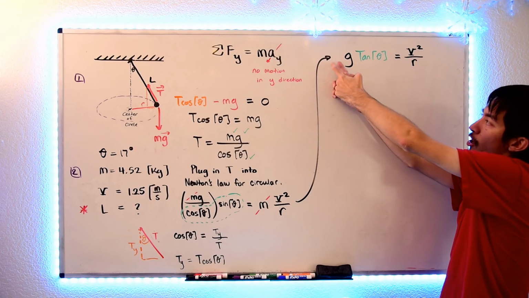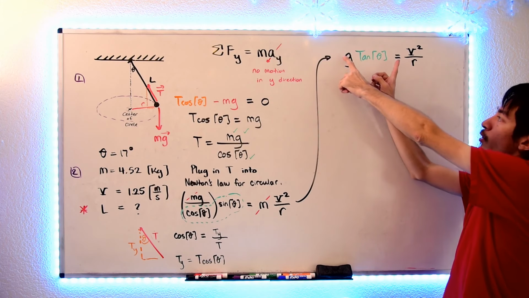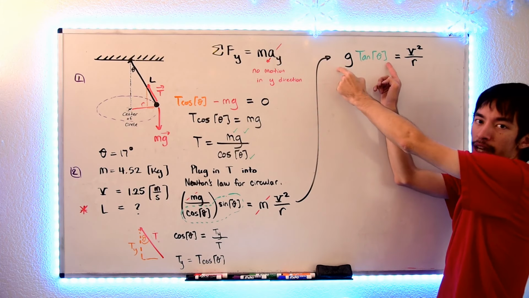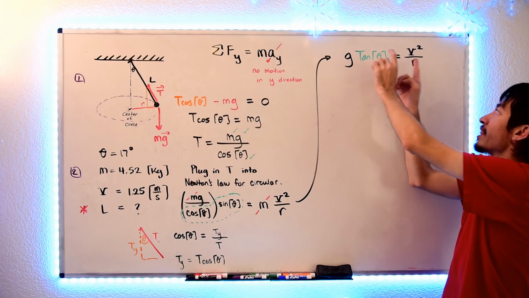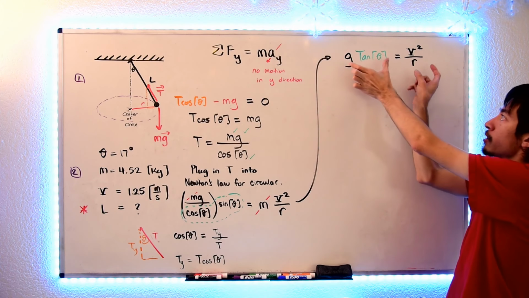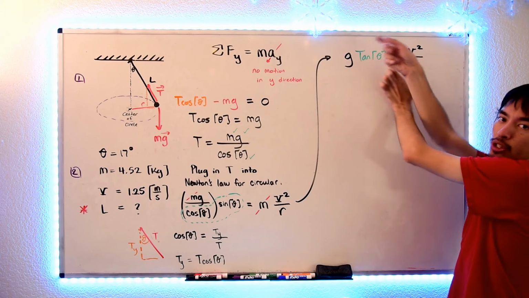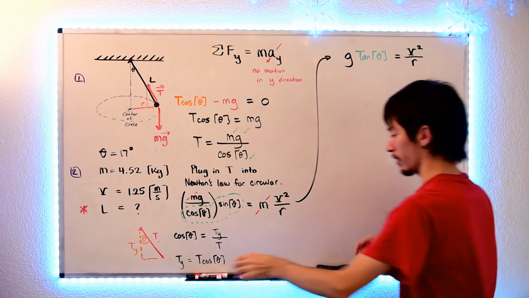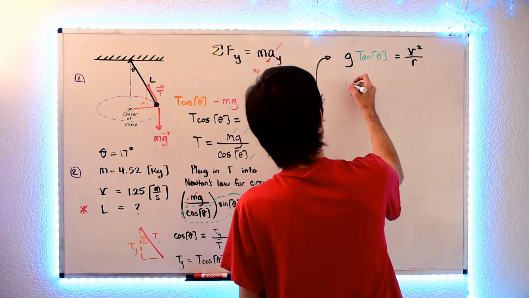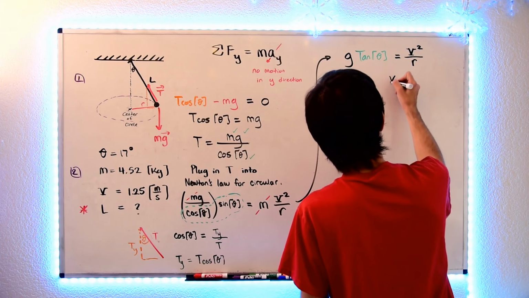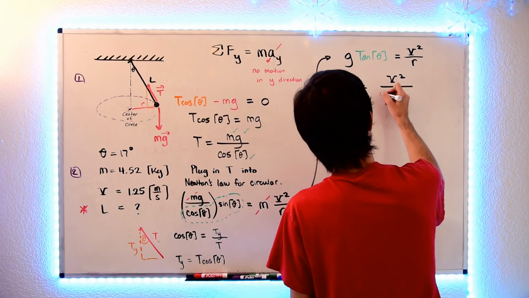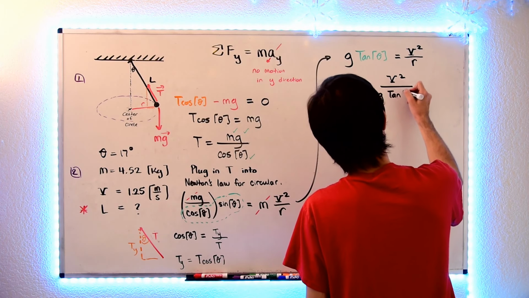So it becomes just r on the left side. We're going to take g tangent theta and divide that over to the right side. So basically r and g tangent theta just swap places. So r equals v squared over g tangent theta.